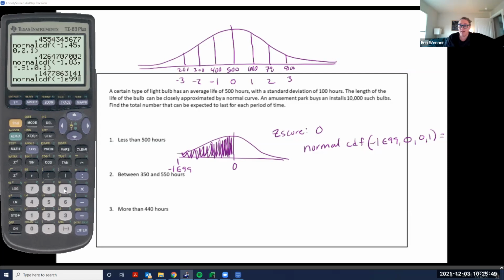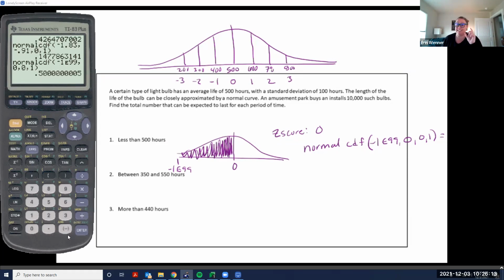And so the lower bound has to be -infinity. So then we're going to do up to our mean, which is 0. Then another comma, which is 0. And then another comma, which is 1. So remember, the last two are always 0 and 1, because 0 is our mean, 1 is our standard deviation. And when we press enter, we get 0.5.